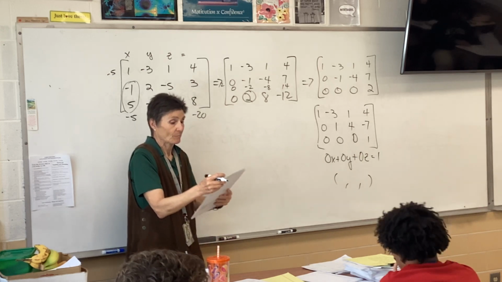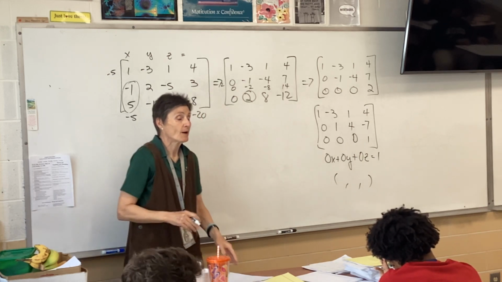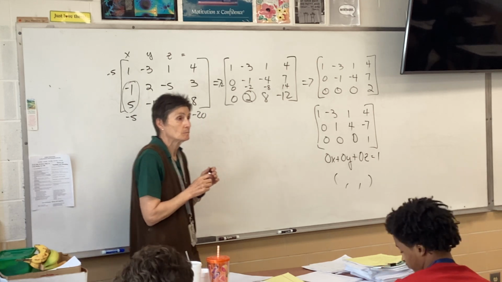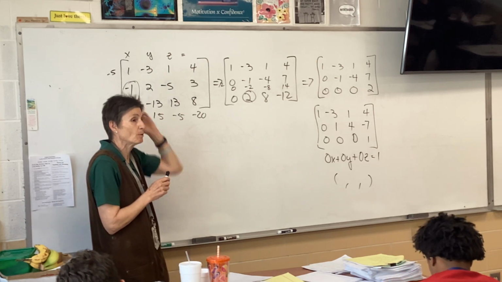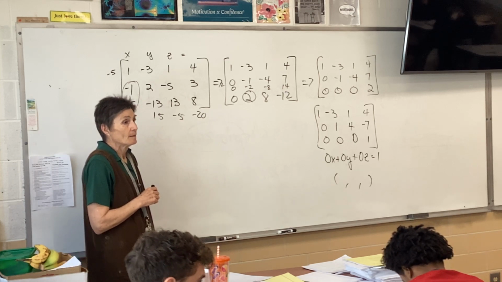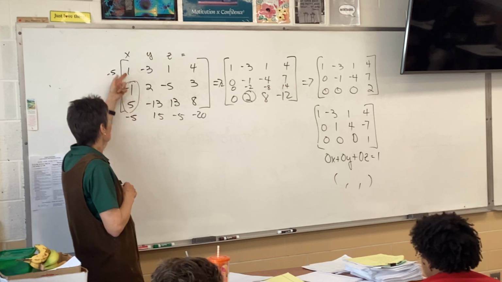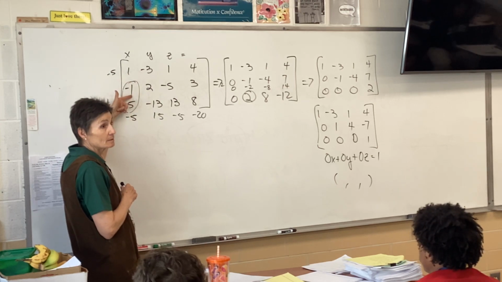I'm still in the very beginning, when you were multiplying the second row. I didn't multiply the second row by numbers to cancel it out. I multiplied the top row, and I added it.